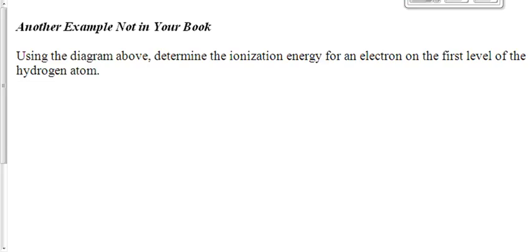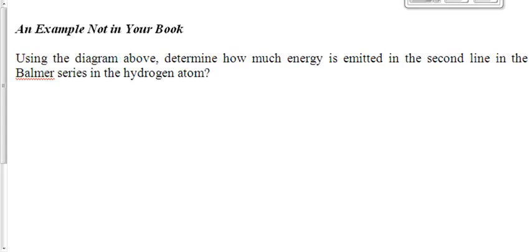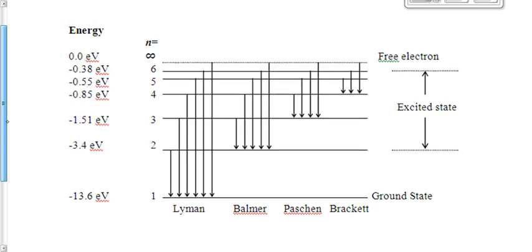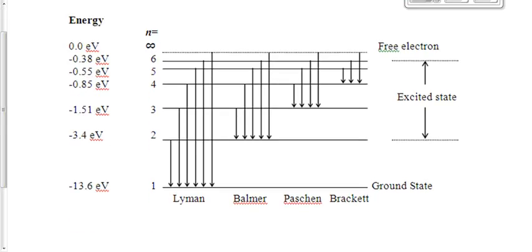Using the diagram above, determine the ionization energy for an electron on the first level of the hydrogen atom. What does that mean, the ionization energy? What does it mean to ionize a hydrogen atom? Take an electron away? Yeah, take an electron away. Leave it positive, right? H plus.